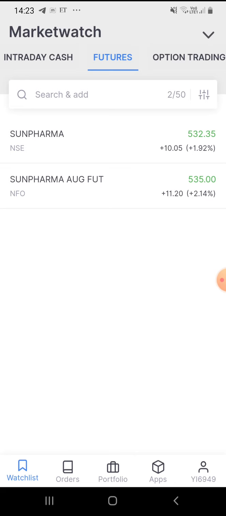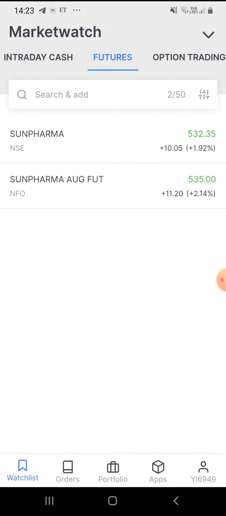Earlier our calculation was that Sun Pharma will go up from 585 to 600, so we bought it, right? And if we analyze that Sun Pharma will go down, we can do the same as in intraday cash. We sell first.